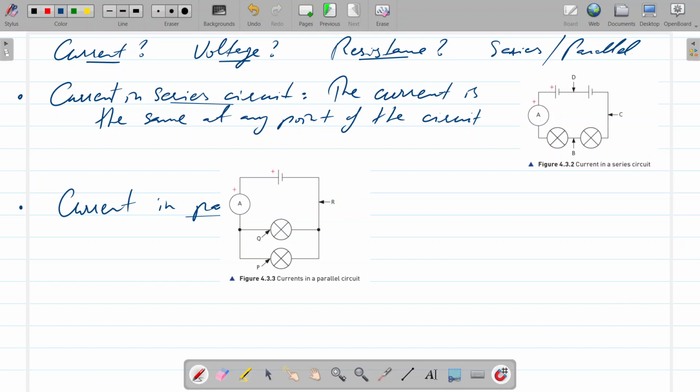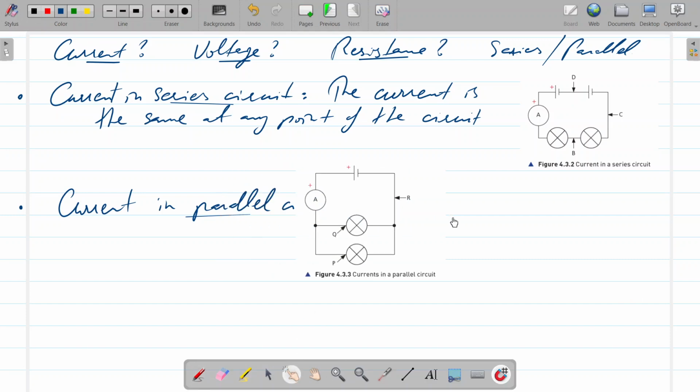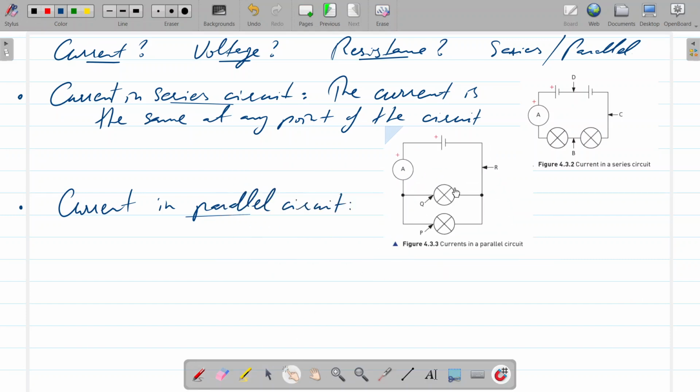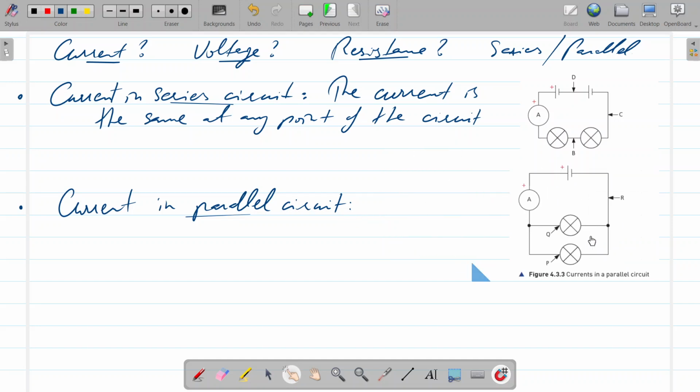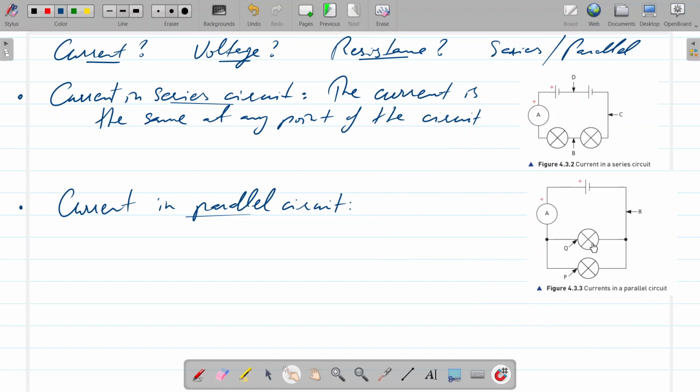So this is a parallel circuit. You can see that the two lamps are set side by side.